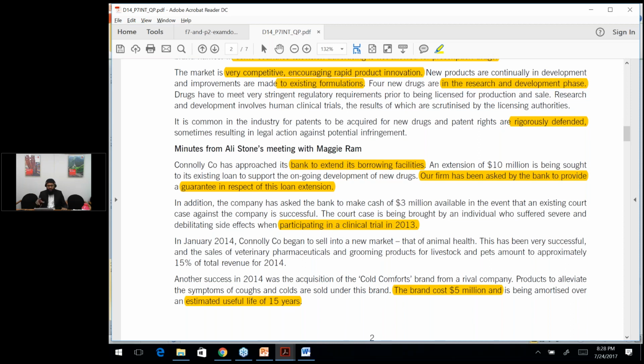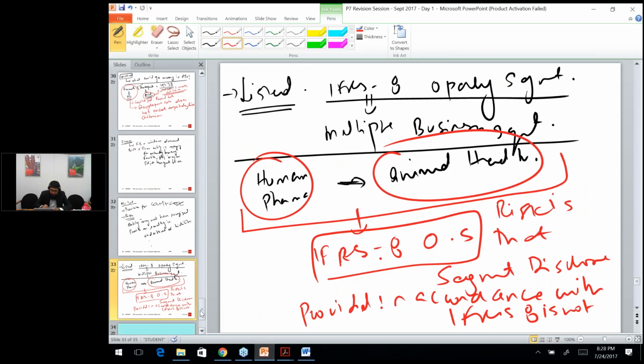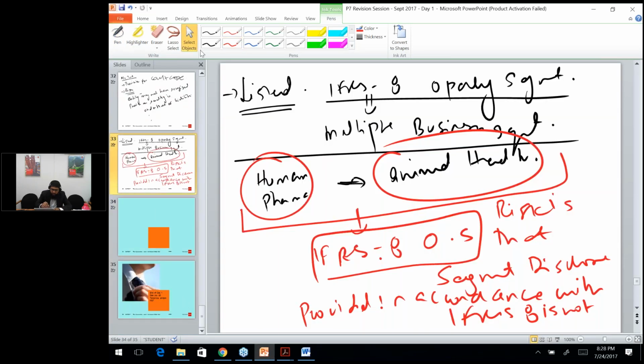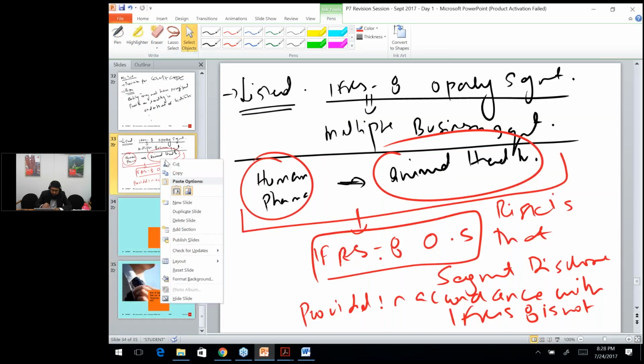So what is the risk? There are two risks, and one of the risks is when it comes to this brand's amortization.